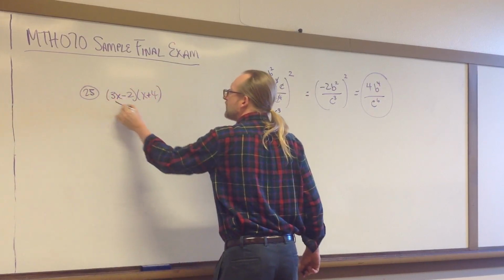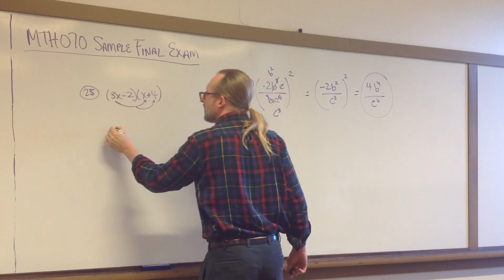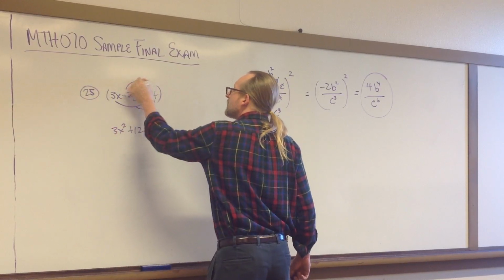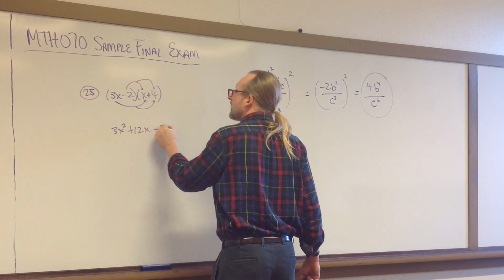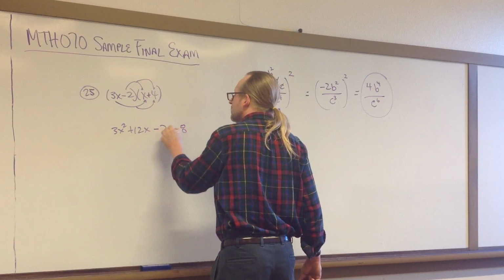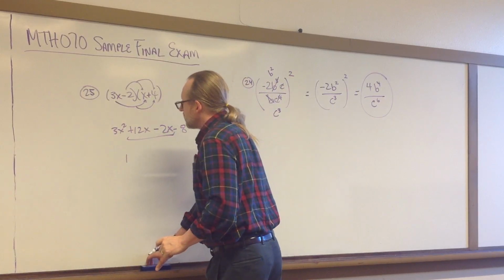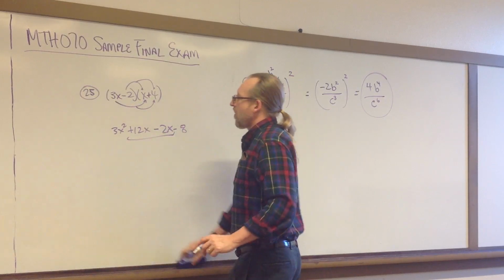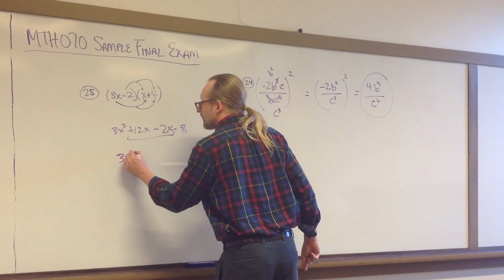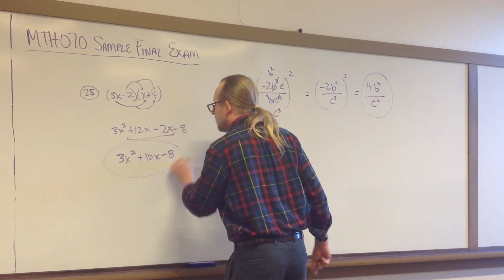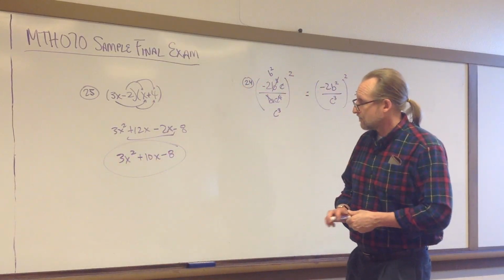So, we want to distribute the 3x here and here, 3x squared plus 12x, and then distribute the negative 2 there as well, negative 2x minus 8. And then the last step, combine your like terms. So, 3x squared positive 10x minus 8, and there we go.